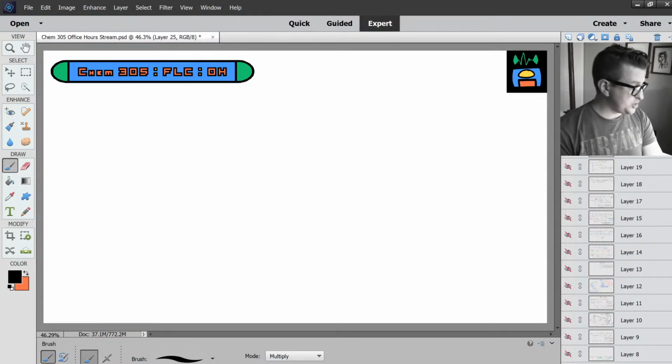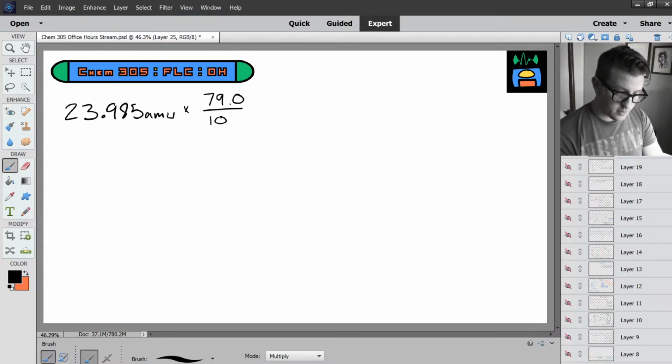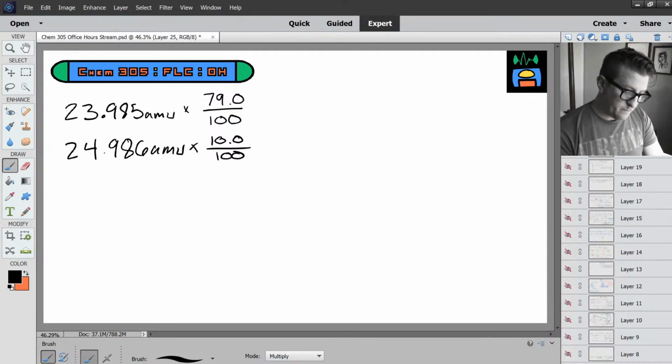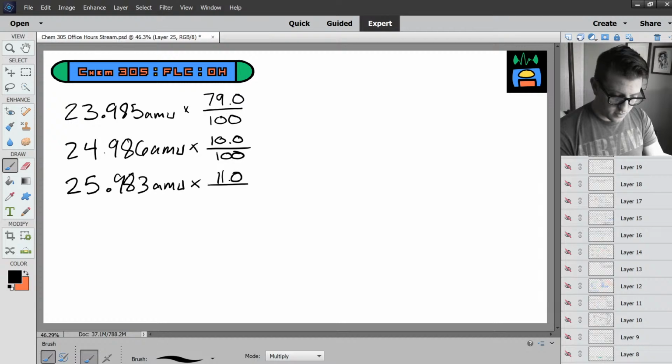We need to take a weighted average here, so we take each mass and multiply it by its natural abundance over 100. So 23.985, 24.986 times 10.0 over 100, and then 25.983 over 100.